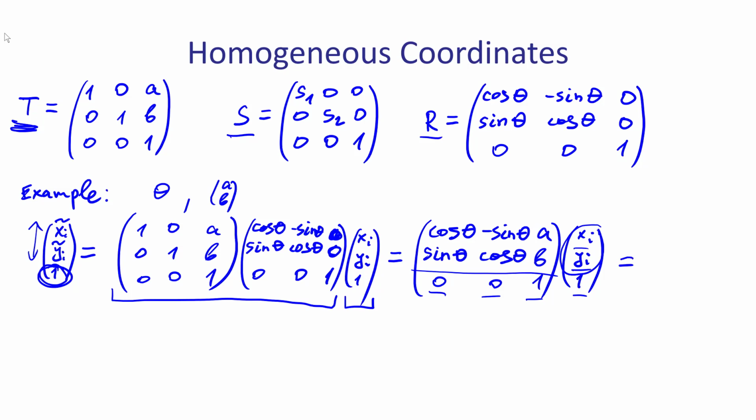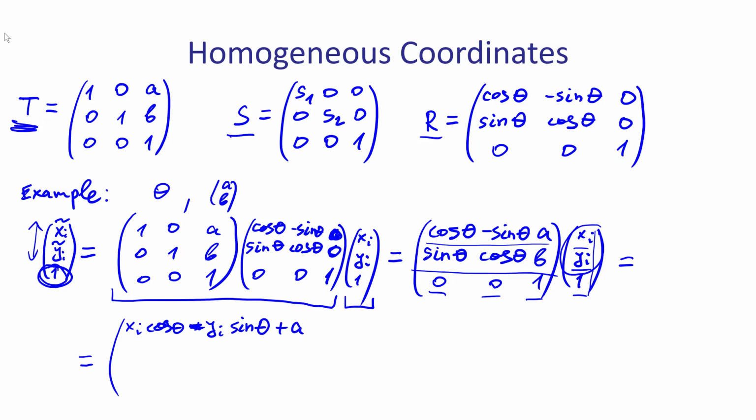So if you convert it to actual equations, this is what it will be. You'll have 3 values. First of all, we multiply the first row by that column. So it's xi cosine theta plus, actually minus, yi sine theta plus a.